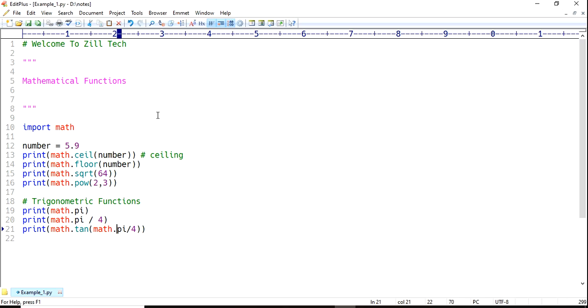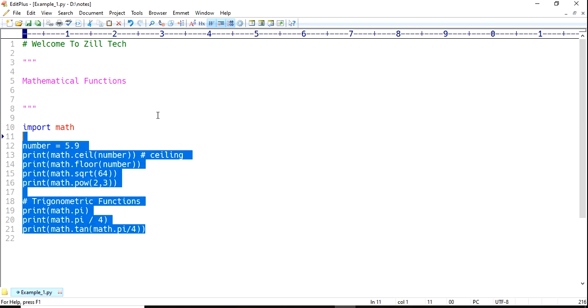Where are these mathematical functions used in real time? In gaming applications we use them for angles and jumps in games, with math.sin and math.cos.